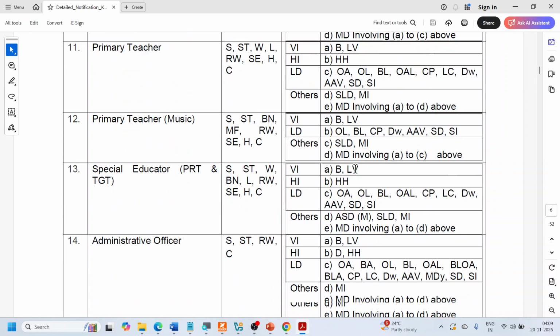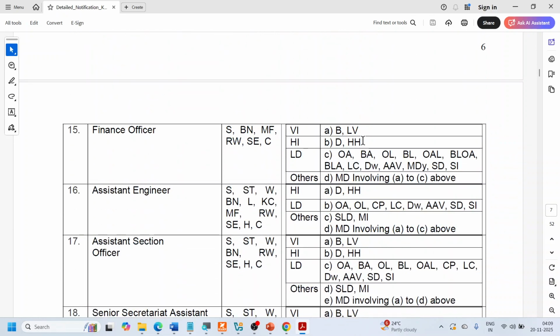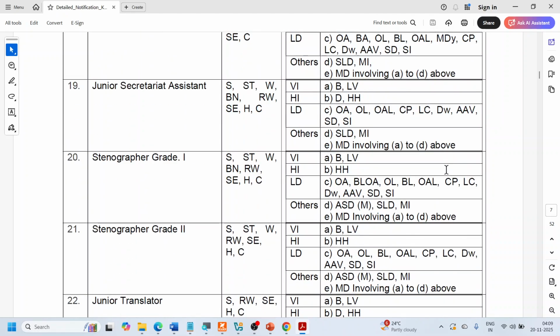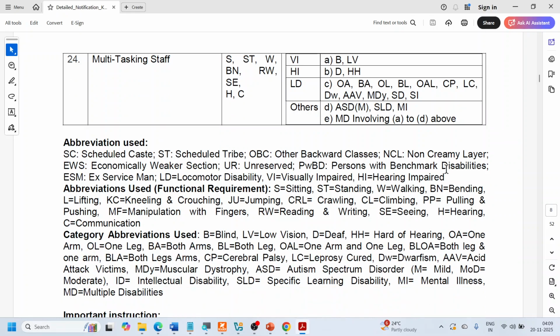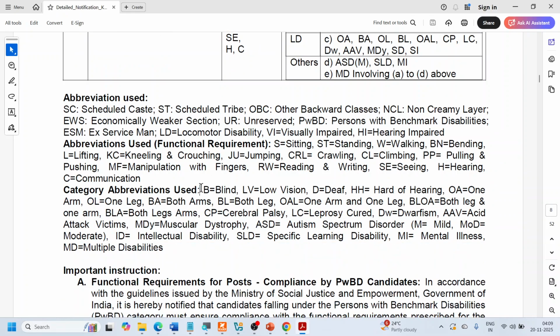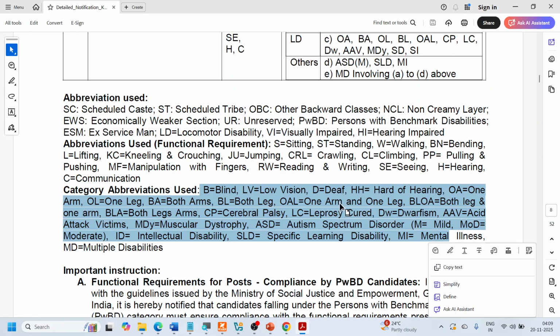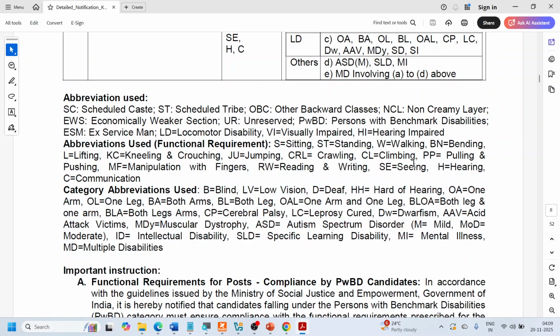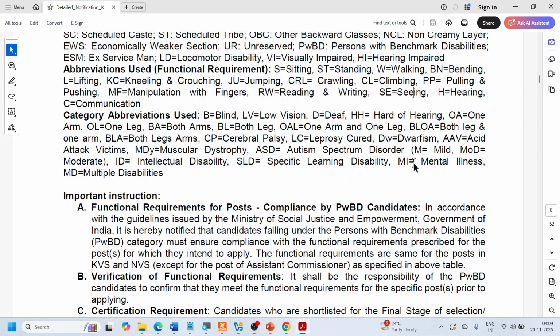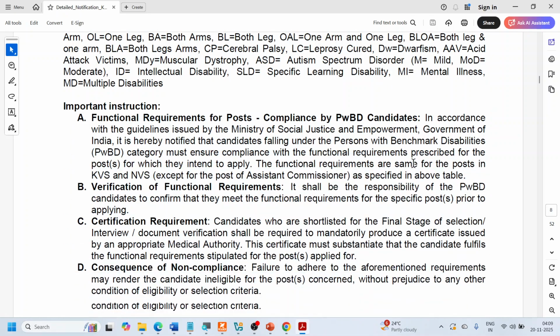You can see what is the criteria that you have to meet. So kindly go through it if at all you are applying under this. They have given you the details about the meaning of DHH and so on and so forth. So I will just skip that to reduce the time.